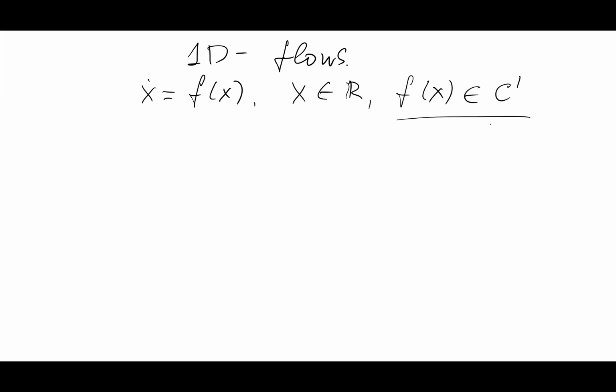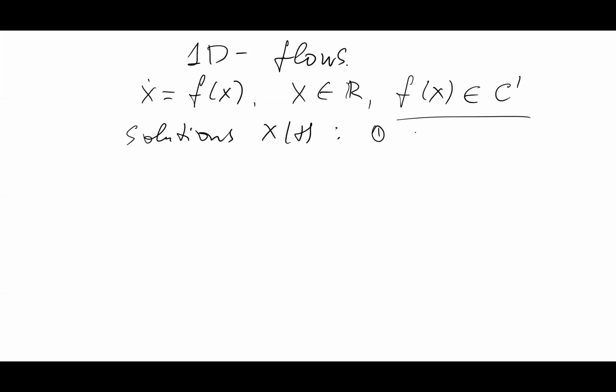And for this system, what we found is that solutions x of t, so it has a family of solutions depending on initial conditions, and they have two properties.